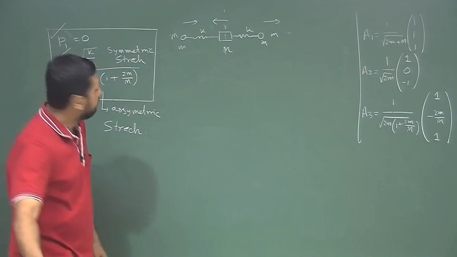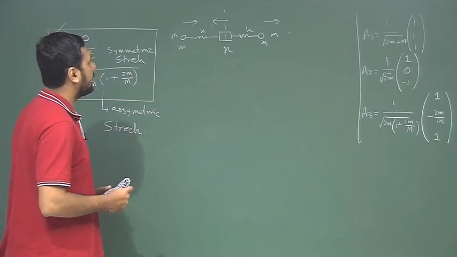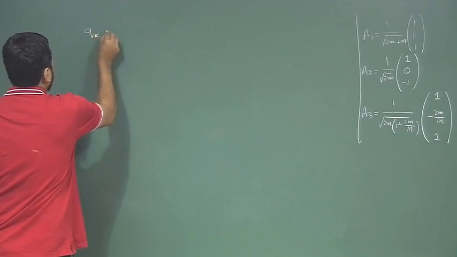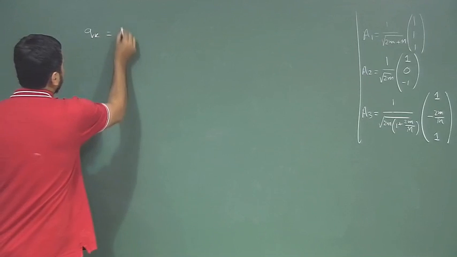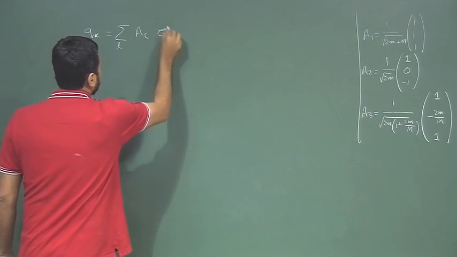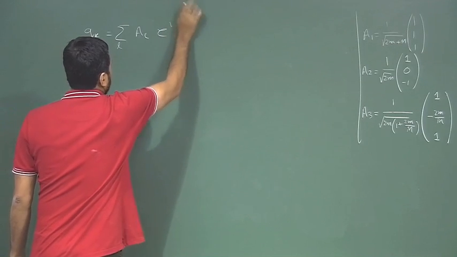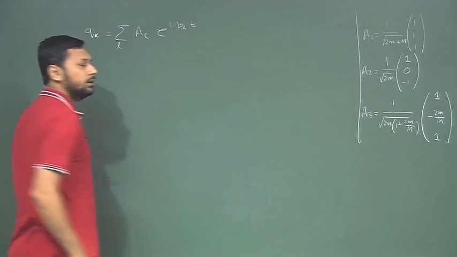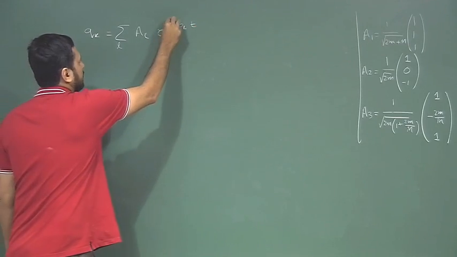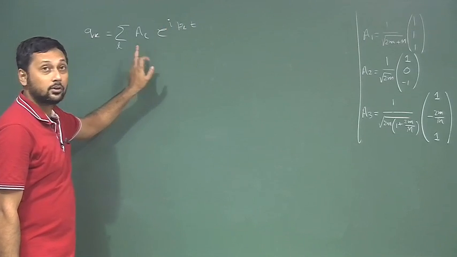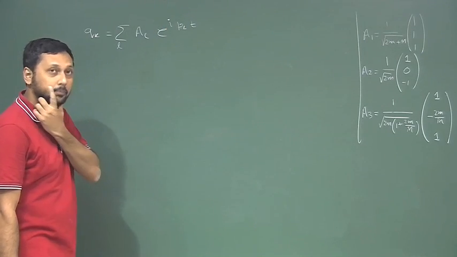So, keep this in mind, we will come back and use this relation. See, q_k is given by sum over l of A_l e to the power i omega_l t, right. Is it right? Yeah, that is what we have written so far, but let me tell you this is not completely right. There are two terms missing.